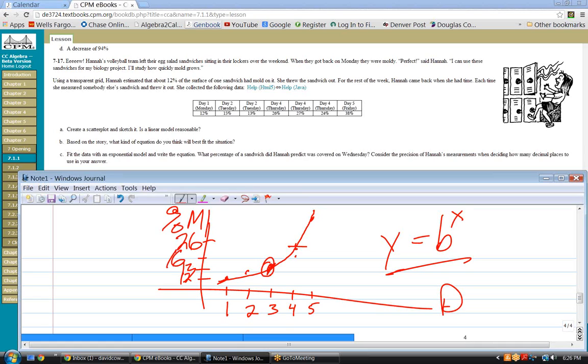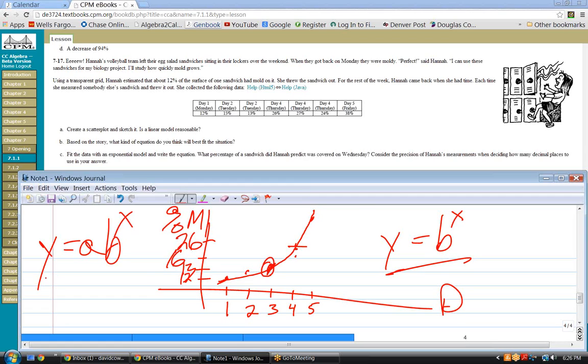If you were to put this scatter plot in on your calculator and request an exponential regression, you will get an equation like this.